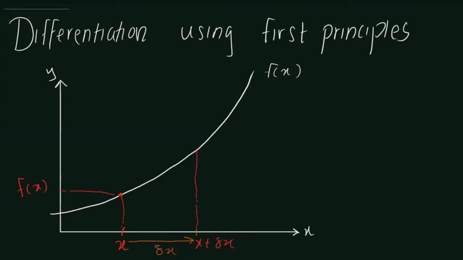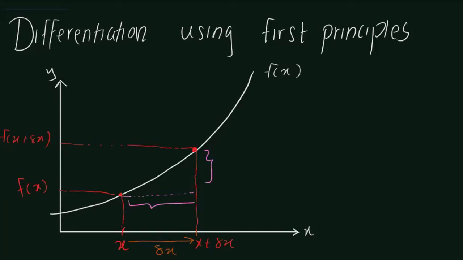If you go along this curve, and in place of x in f(x) you substitute x plus delta x, you're going to get the new y value. It is going to be f(x plus delta x). Now I have two points, so I can simply find the gradient. The gradient can be found exactly as this over this.